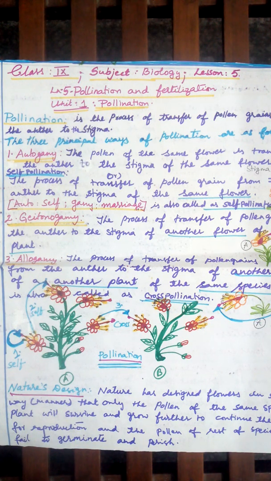They don't survive because nature is so designed that only the pollen of the same species of plant will survive and grow further to continue the process of reproduction, and the pollen of the rest of the types will fail to germinate and perish.